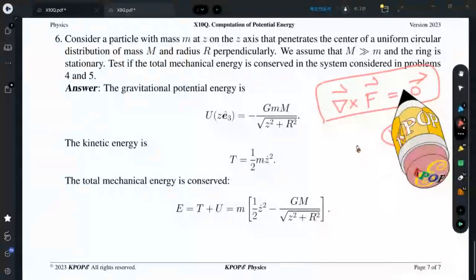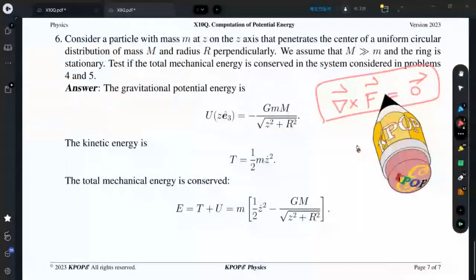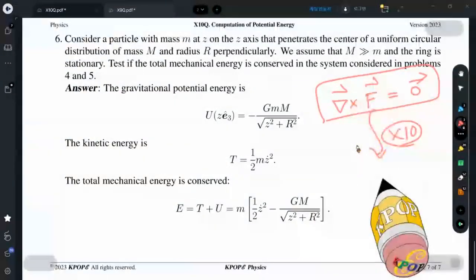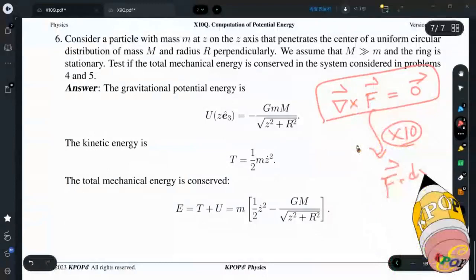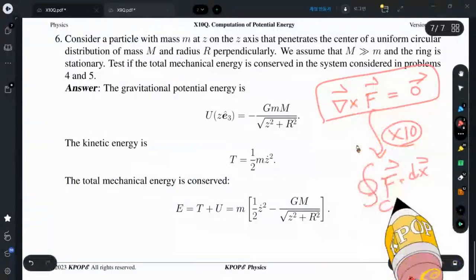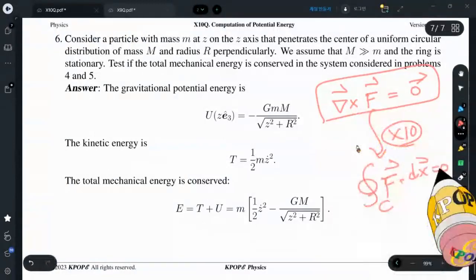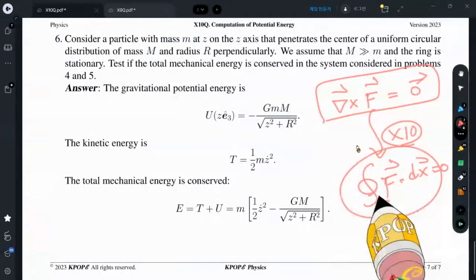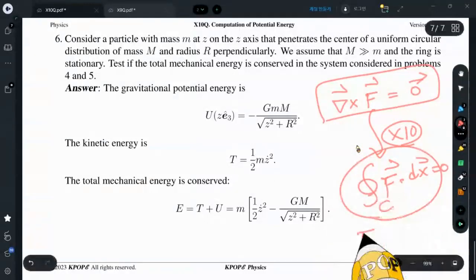It is conservative. Gravitational force is conservative. So because it is irrotational, the integral of F dot dx over an arbitrary closed path, this work, is 0. This is a conservative force. If it is a conservative force, there is a potential energy whose negative gradient is the force.